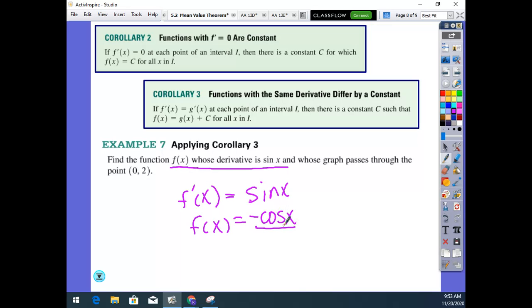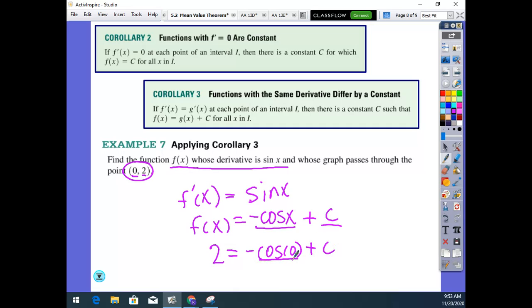That's going to be negative cosine. But there was some constant here that we don't know the value of. All right, so then they give us a point that we can plug 0 in for x, 2 in for y, and we can use that point to find the value of c.